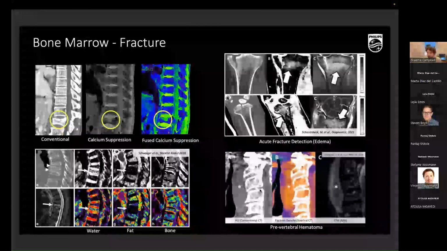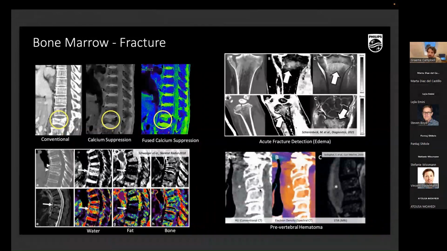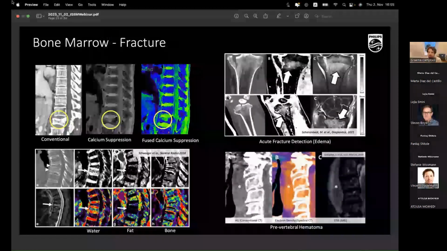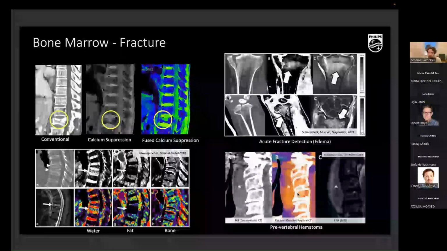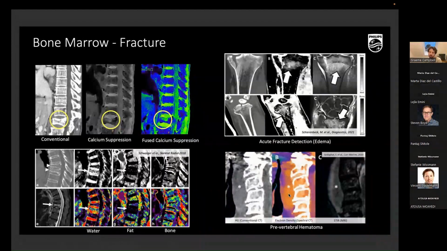The atomic number doesn't change much, and the Hounsfield unit doesn't change all that much. It can be very difficult to see. But because you have this change in density of this static blood, you can see it quite nicely in the electron density. So that's sort of eliminating this atomic number aspect of the Hounsfield unit, and just looking at the density changes. And here we could show that it was actually really increasing the diagnostic accuracy. And this is just a comparison to the MRI as well.